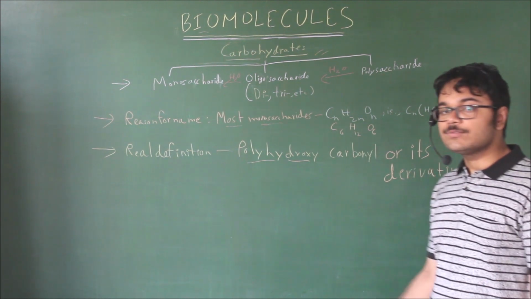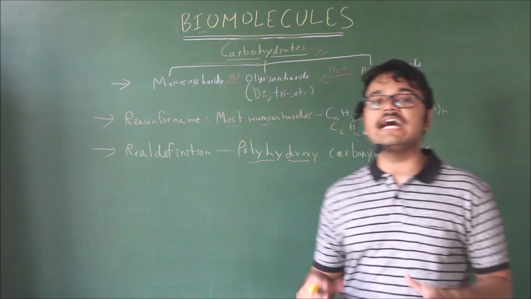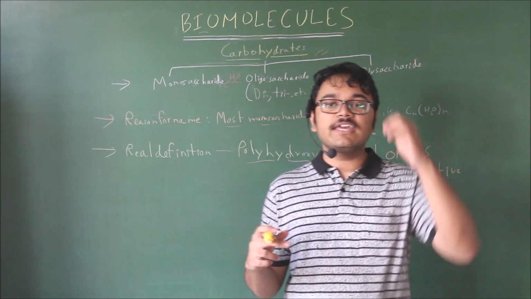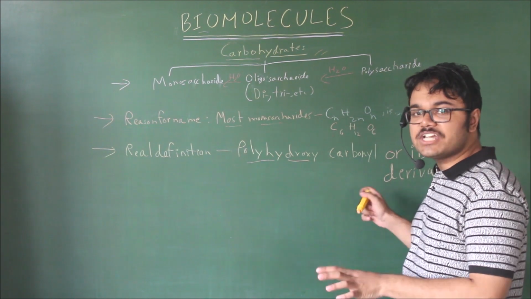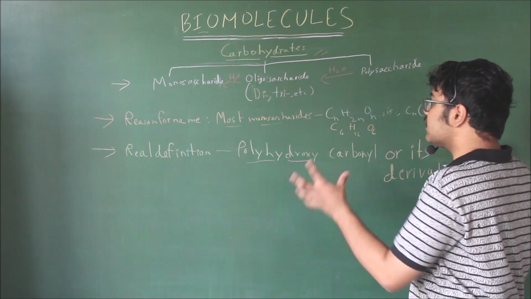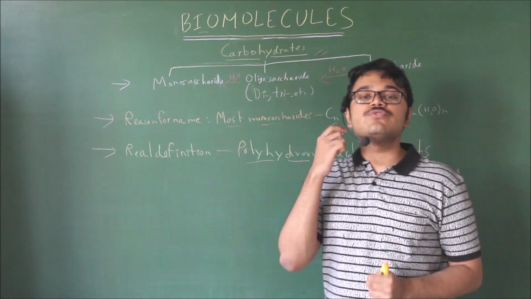So if a molecule fits this condition of being a polyhydroxycarbonyl, then any of these molecules plus derivatives of these molecules that haven't changed in structure too much will collectively be known as monosaccharides.